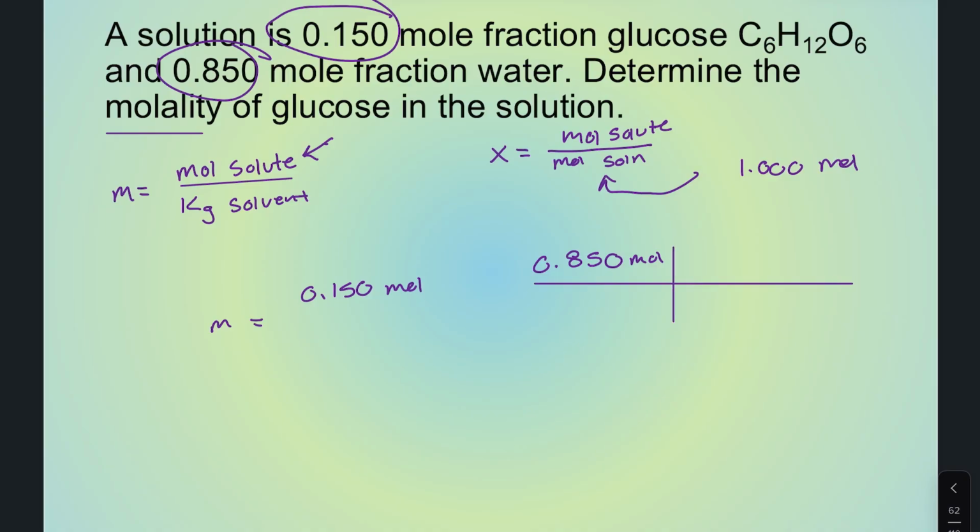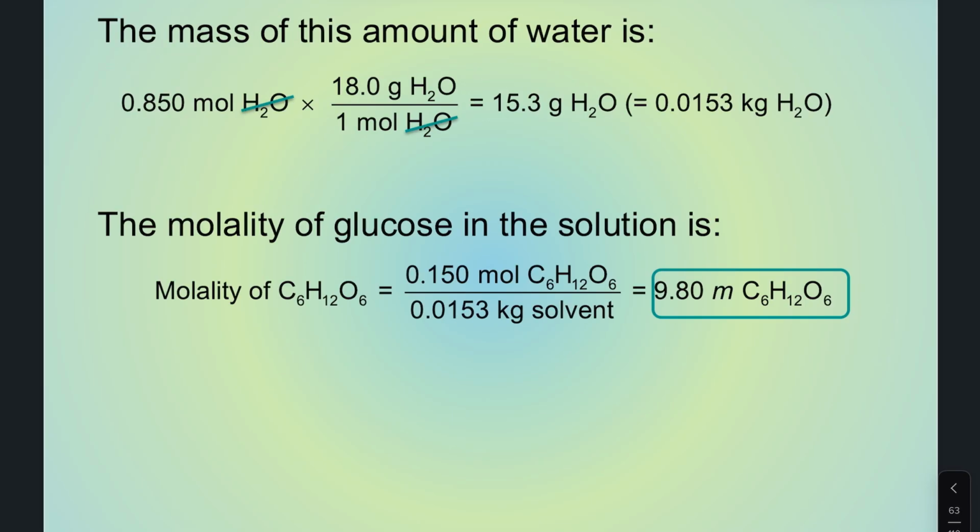So 0.850 moles, we have 1 mole of water is 18.01 grams, and we need this in kilograms. So that's going to be 1,000 grams in 1 kilogram. Okay. Once we do this math, we end up with this.